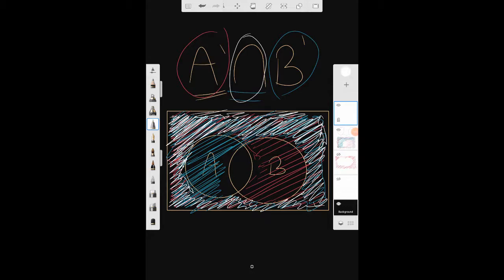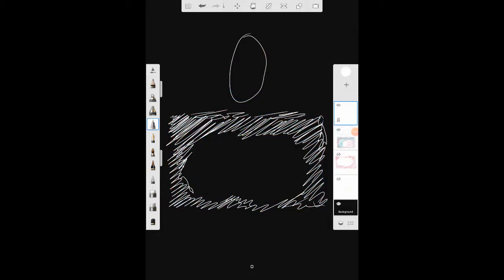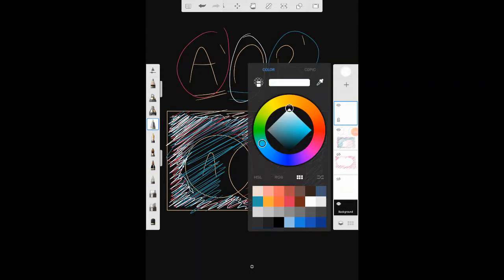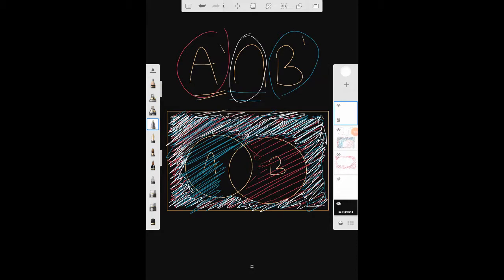So let me take the blue part off, and if I take that, the rest of things also will go. So I hope you understood this part. Now if you see carefully, this part looks like something else.